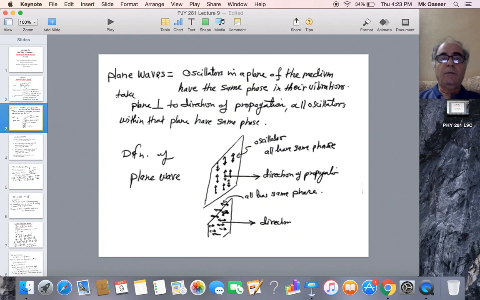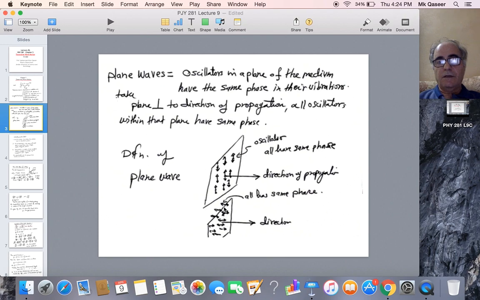Now, what do we mean by plane waves? Plane waves, this is a plane waves that the oscillators in a plane of the medium have the same phase in their vibrating. All these masses or oscillators are vibrating in phase. This is the direction of propagation. This is a transverse waves.